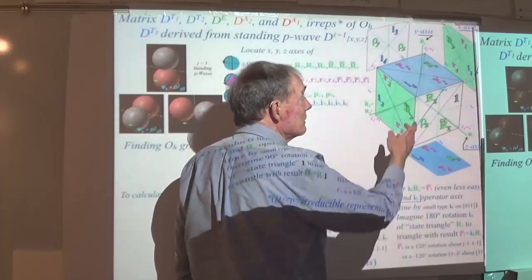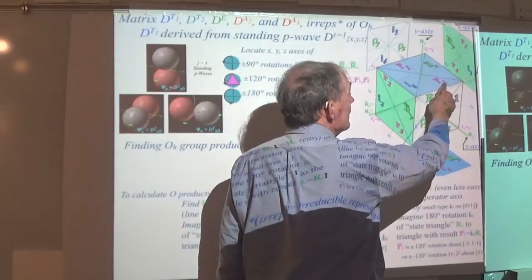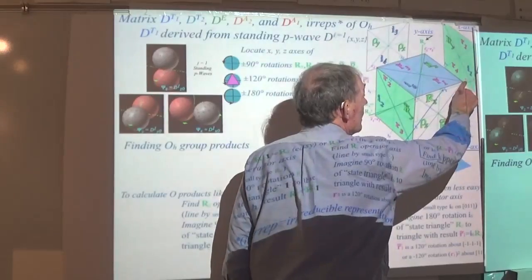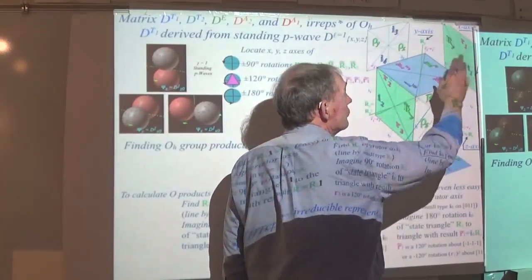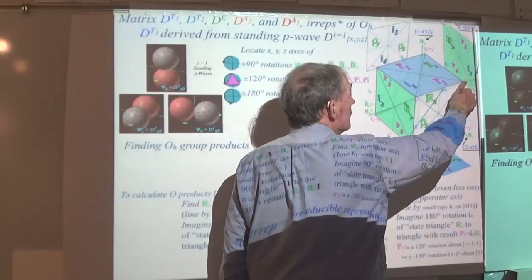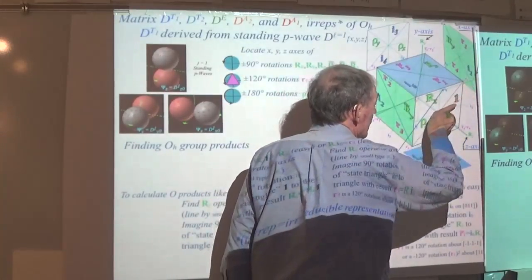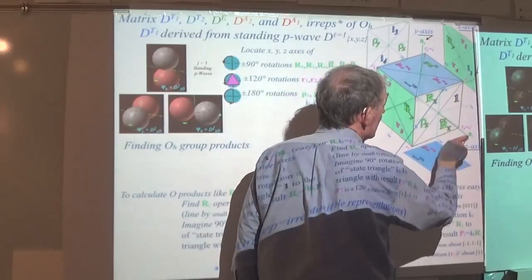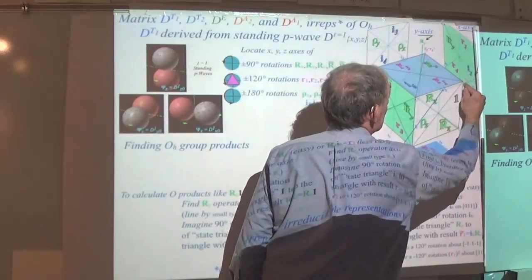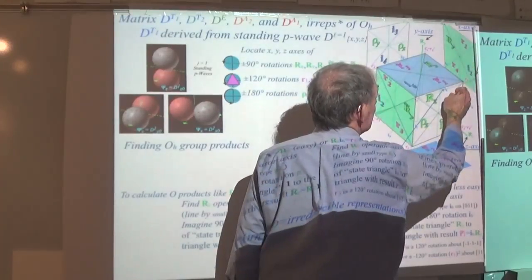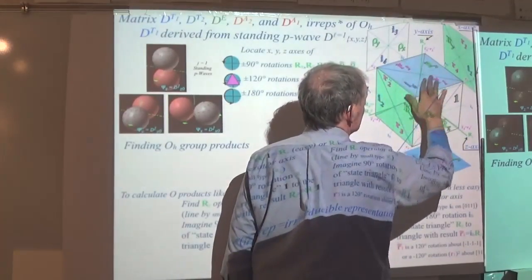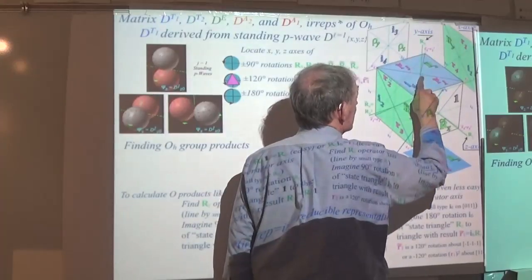Now R tilde 1 is a 120 degree rotation around the 111 axis. There's R1, the king of all of the triangular rotations right there on the 111 direction. Remember, the z-axis is coming out here, the x-axis is this line right here that's behind the scene that goes with this plane, and then the y-axis is this plane right here, perpendicular to this plane.